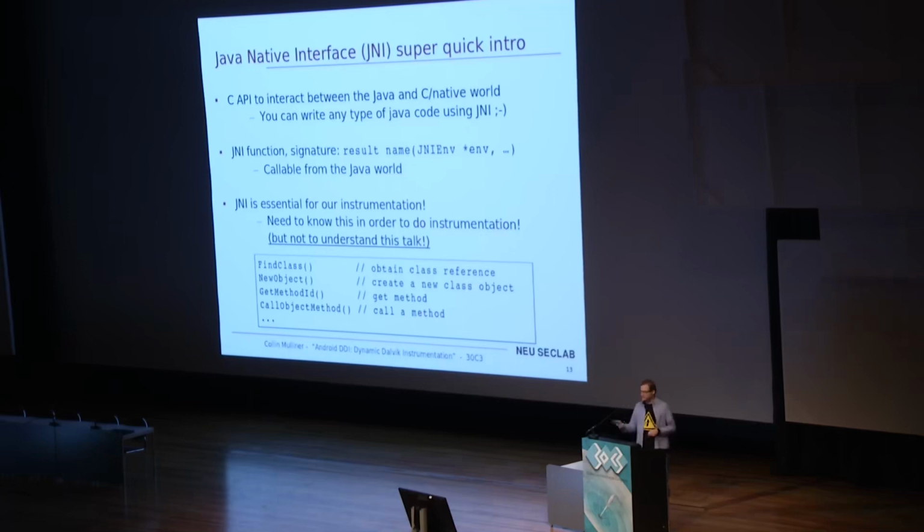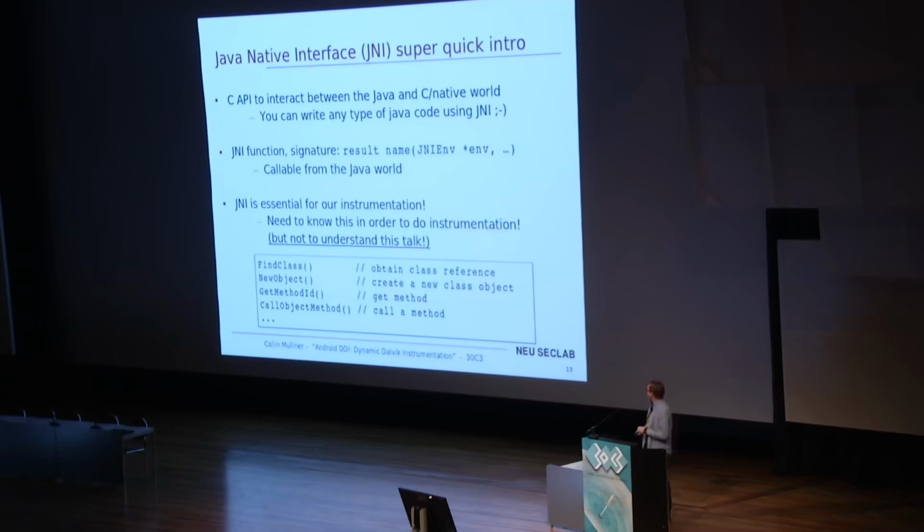I will give you a very brief overview of JNI. You really don't need to understand JNI to understand the talk, but if you want to write your own instruments later, you have to look into JNI. It's basically a standardized interface to call native code from Java. You can write almost any code that you can write in Java in this JNI interface, but you have to do a lot of work.